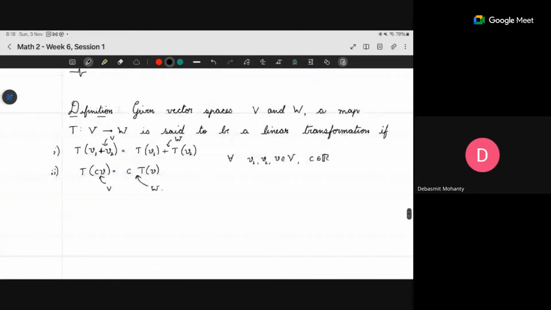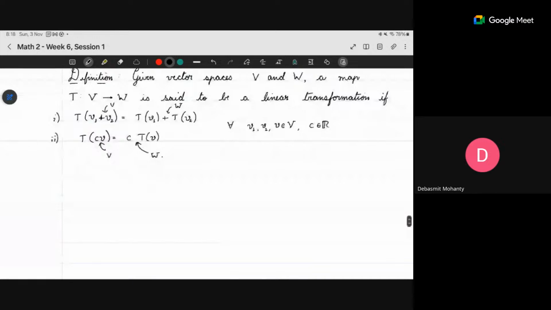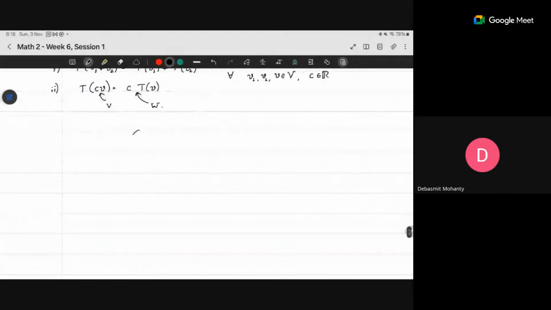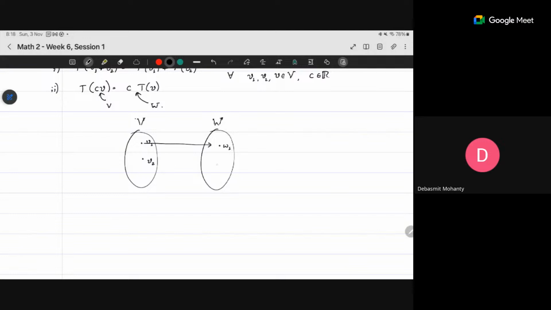So what this definition is saying is that the operations are respected even across the maps. So if I have two vector spaces, V and W, this may not be the best way to represent vector spaces. They seem sort of bounded, but they can never be bounded. But just think of it as a representative diagram. So if I have two vectors, there might be more. I'm just taking two particular vectors and I'm looking at their images, right? W1, W2.